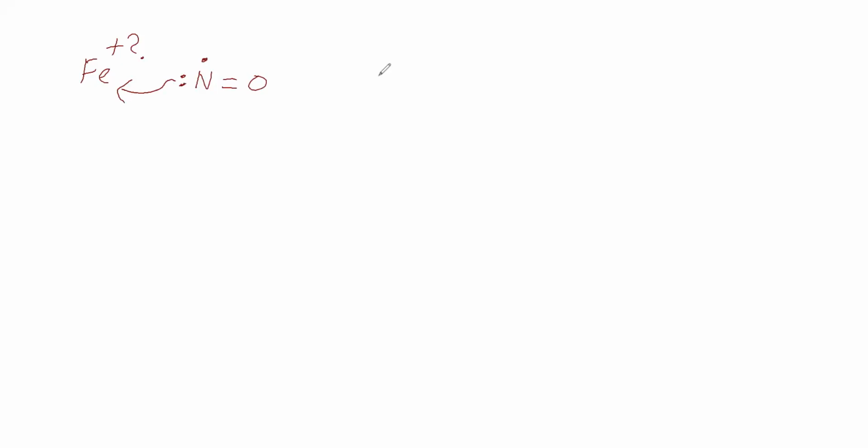So a bond is formed between iron and nitric oxide. Now we have written this one electron here. In the next step, this electron is shifting to iron. Therefore, the iron oxidation number decreases by 1 unit.